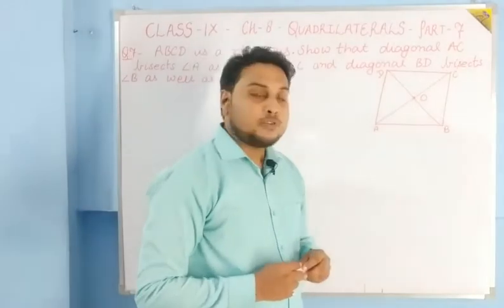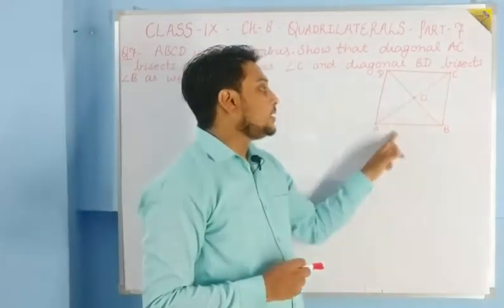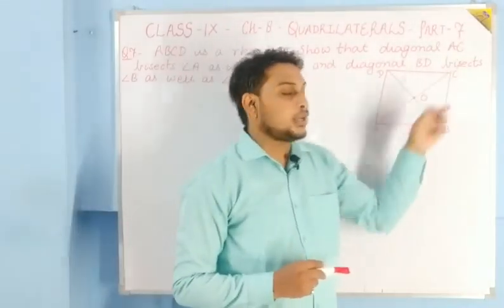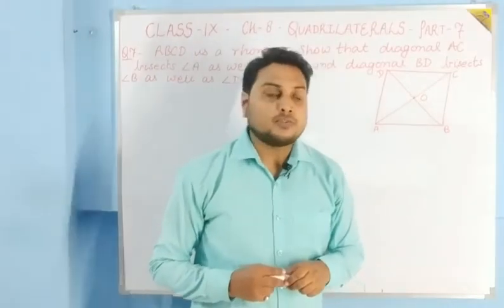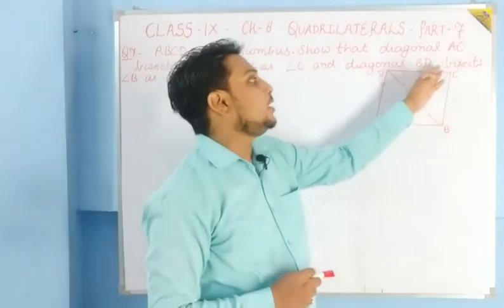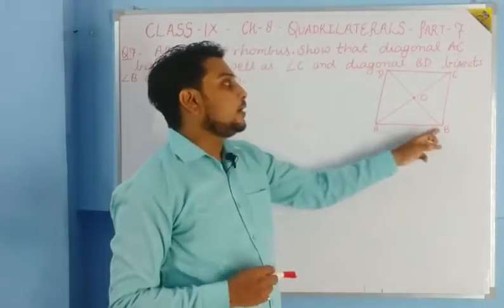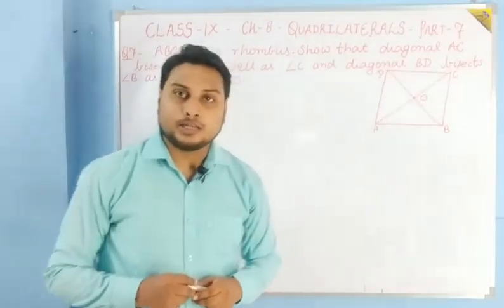So we have to show that AC bisects angle A as well as angle C, and also that this diagonal BD bisects angle B as well as angle D.